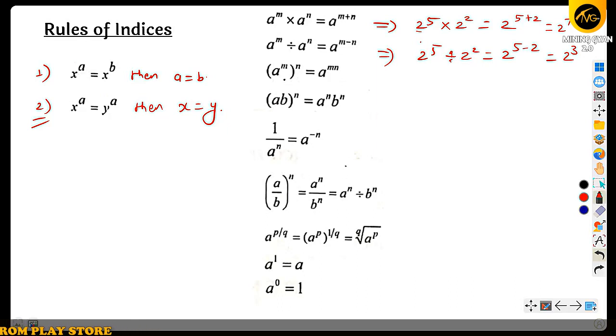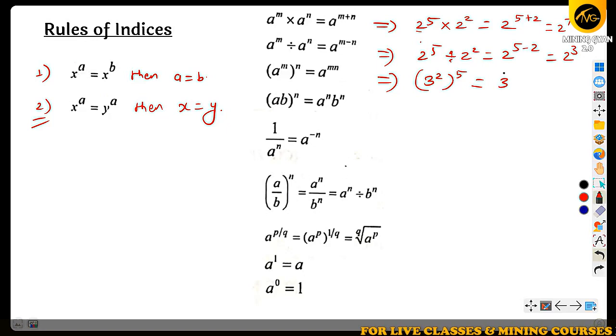Now the third one in this section, a power m, whole power n, is equal to a power mn. That means 3 square in brackets power 5 is 3 power 2 into 5, that means power 10.